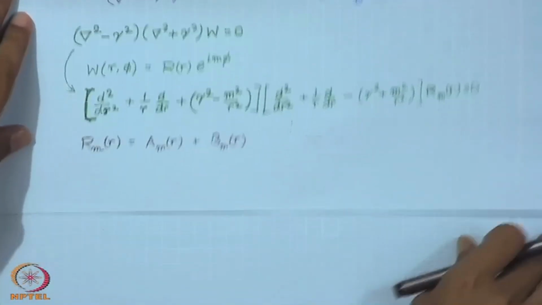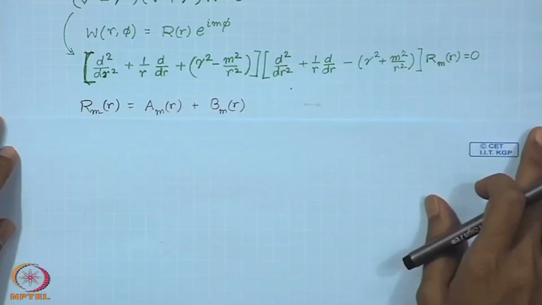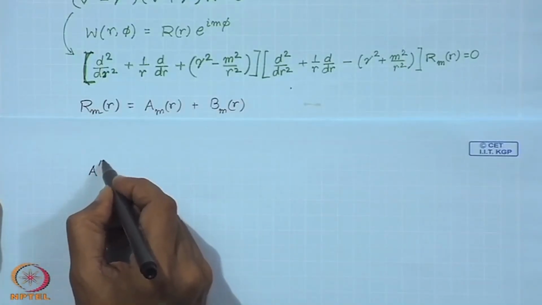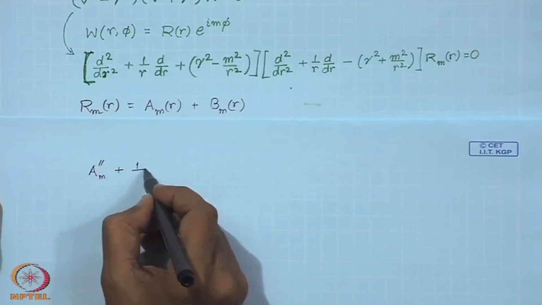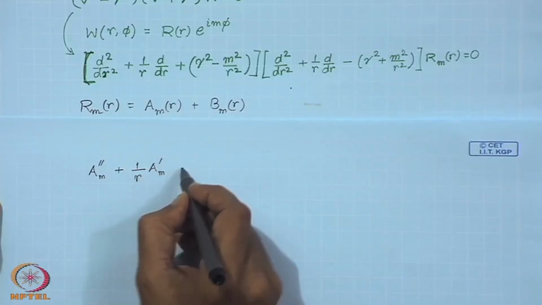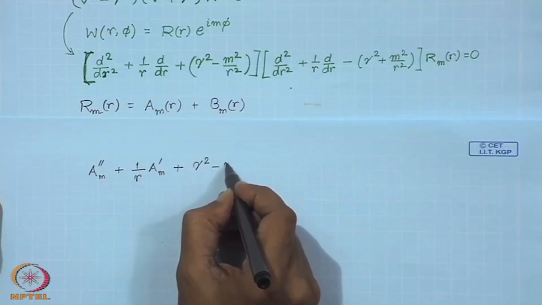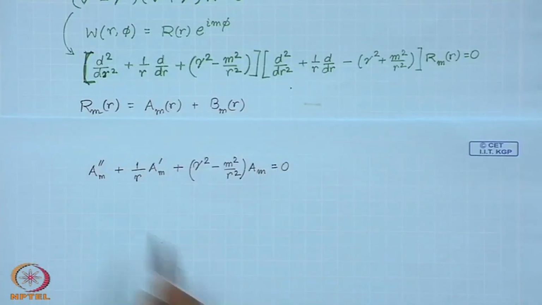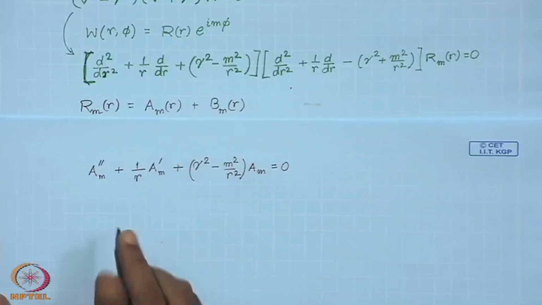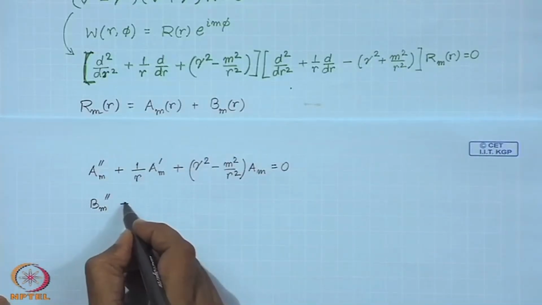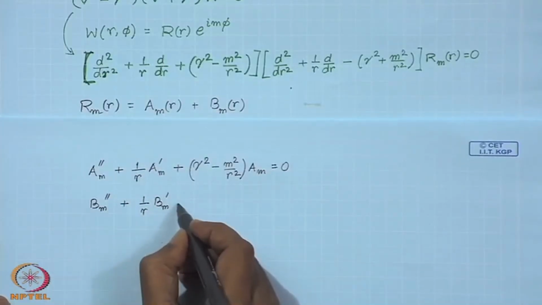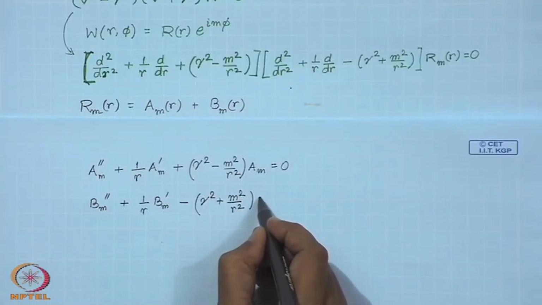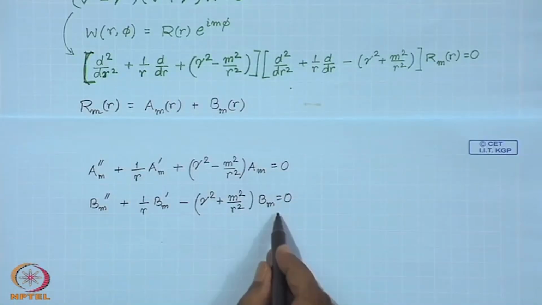So, what we have is that A satisfies this differential equation and B satisfies this differential equation.